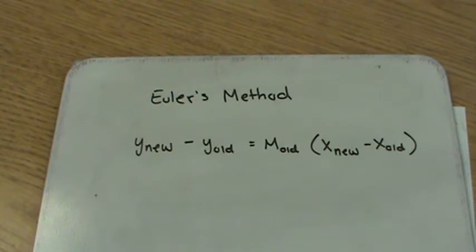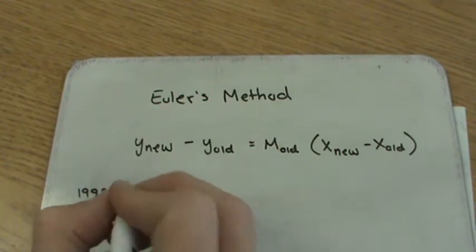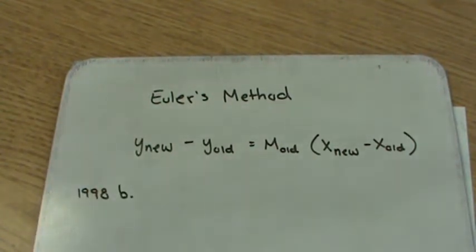Now, you guys got some problems in a packet today, and they're a bunch of old FRQ packets. So we're actually going to take a look at 1998, letter B. If you flip over to that page, it's the first one up there.